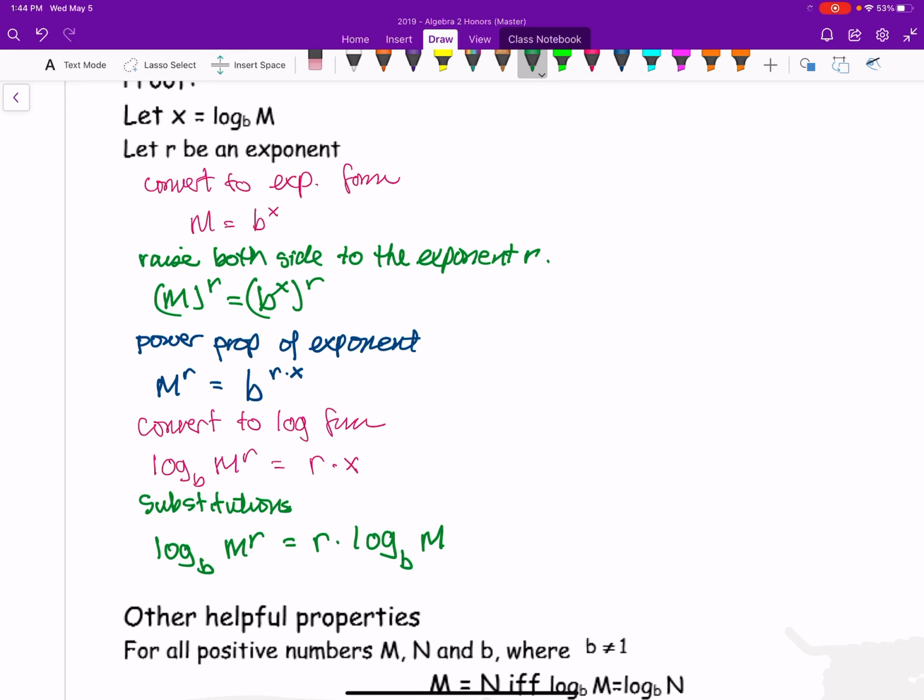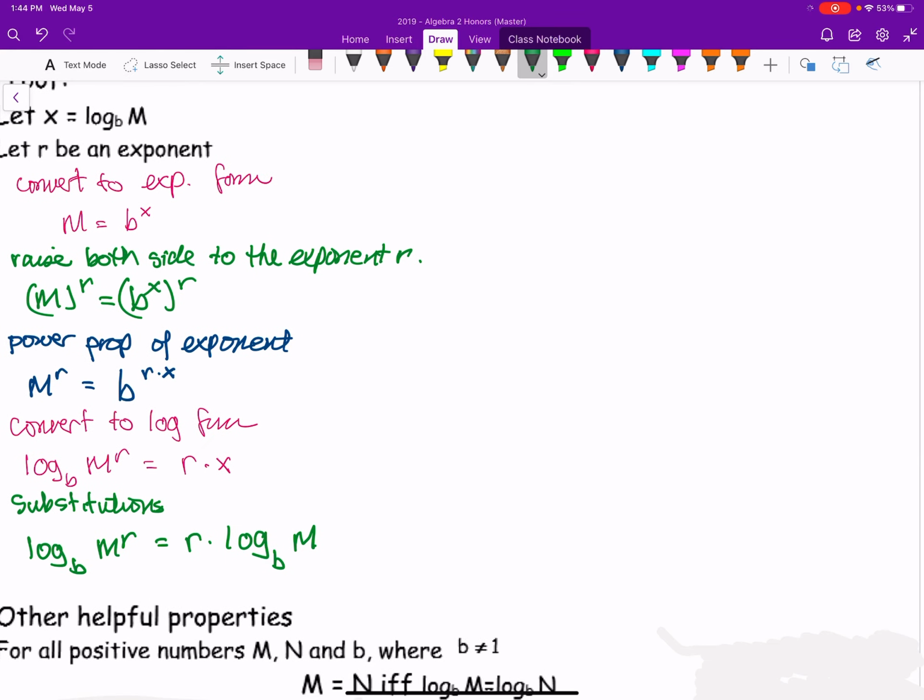Again, we can expand. Let me give you some simple examples here on the side. If I had log base 8 of x to the 5th power, you could just move that 5 out in front. So that means you can rewrite this as 5 times log base 8 of x. Those two are considered equivalent. It makes your life a little bit easier in some cases.